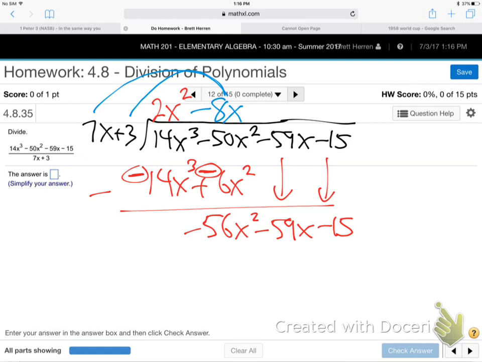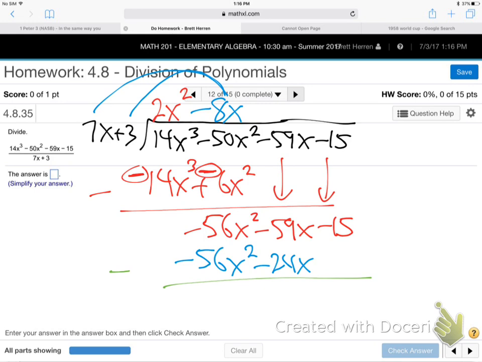So, what do we get? Minus 56x squared minus 24x. Draw your line, change your signs. Right, because you're subtracting the whole bottom line.